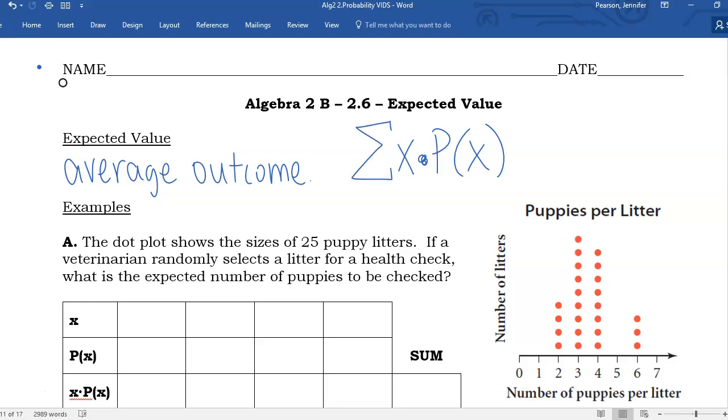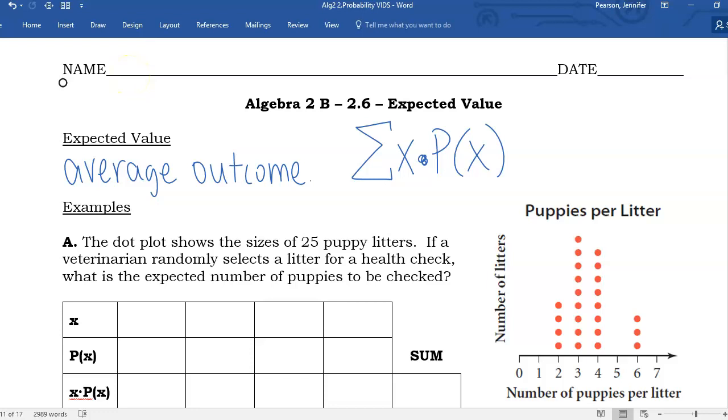That's capital letter sigma, which we use in mathematics to denote a sum. So one more time, you need your numerical outcomes, you need the probability of each outcome, you need to multiply those together, and then finally add them up. And luckily, each of these problems has a handy-dandy table that will do most of that work for you, so long as you put everything in the right places. So let's try one out.